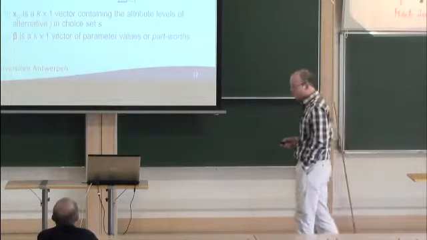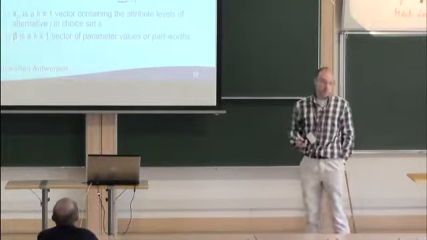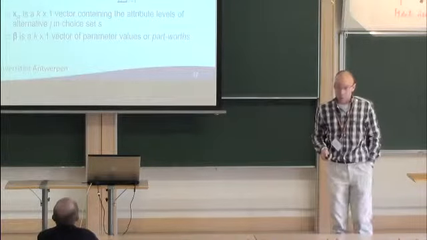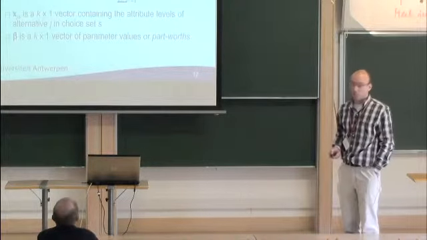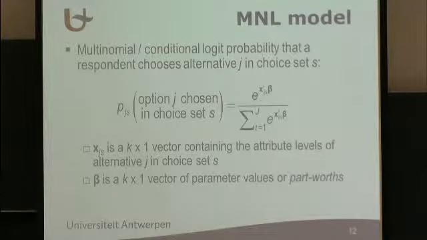Now the question, of course, is how do we come up with a nice partial profile design? Well, for this we need to start from a model, and the model that we used in our work is the multinomial logit model, in which the probability that a certain alternative j in choice set S is chosen looks like this.